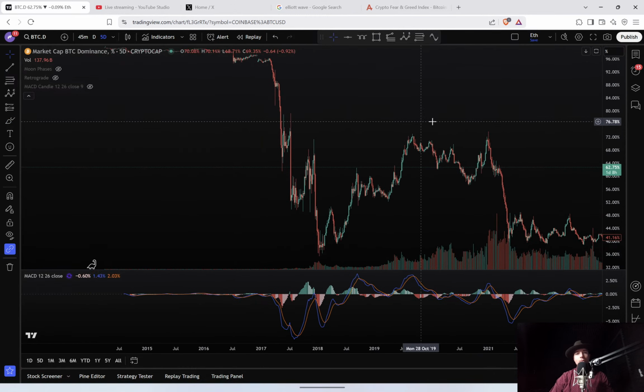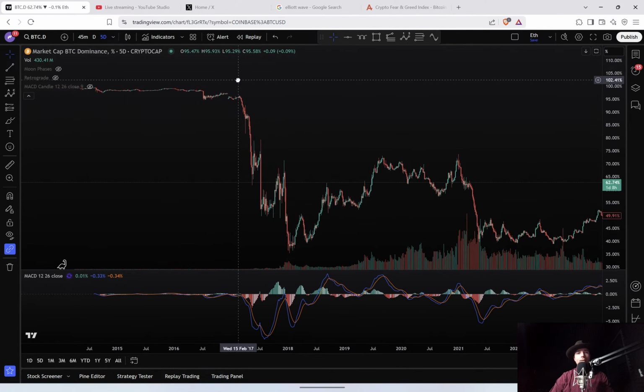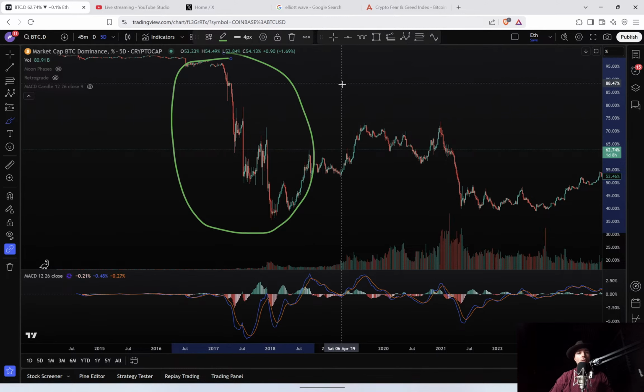Look at this. This is 2017. Okay. In 2017, look how crazy big the bull market on altcoins was. Yeah, Bitcoin went from being worth $1,000 per coin all the way to $20,000 per coin. But altcoins during this period, they went from being worth like pennies to like multiple dollars, a lot of them.